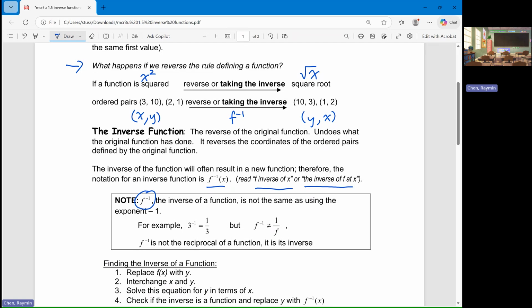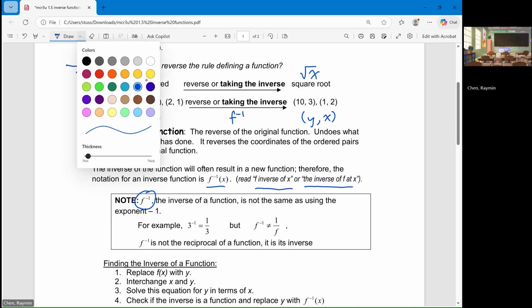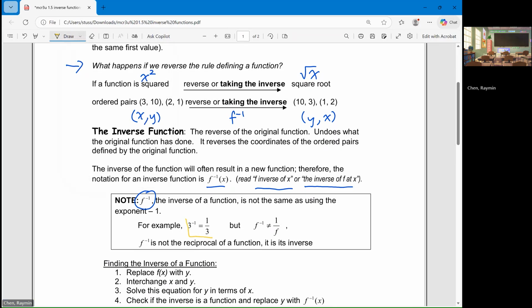However, just to share with you, 3 to the negative 1 is really the fraction 1 over 3. But when we talk about inverses, this is not true. So the inverse is not the reciprocal of a function.